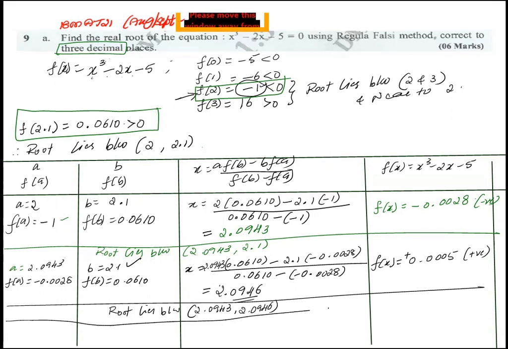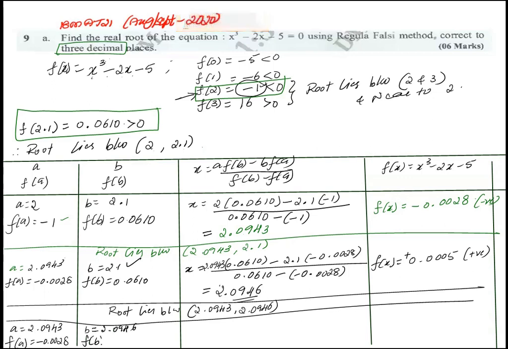The a value will remain the same, 2.0943, and f of a is negative 0.0028, and b you should change, that is 2.0946, and f of b is the f of x value, that is 0.0005.